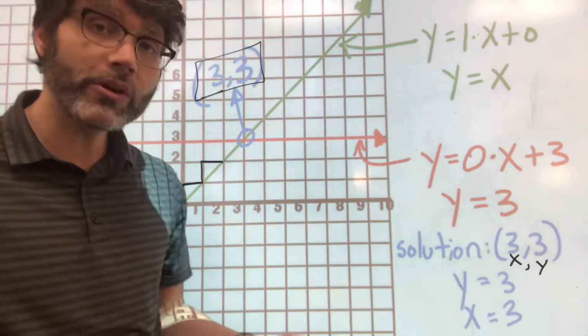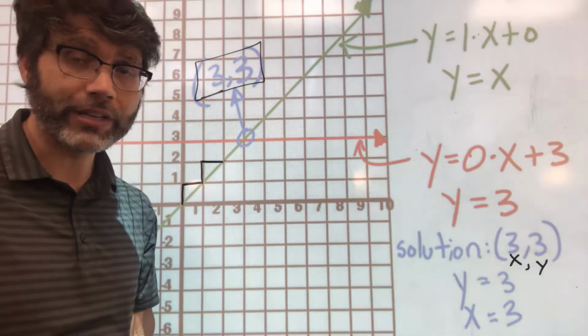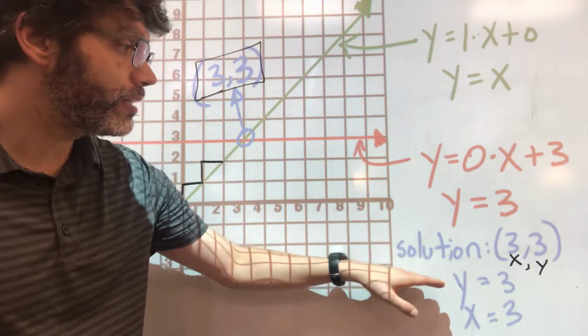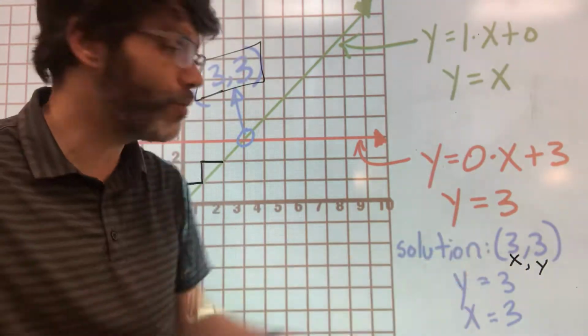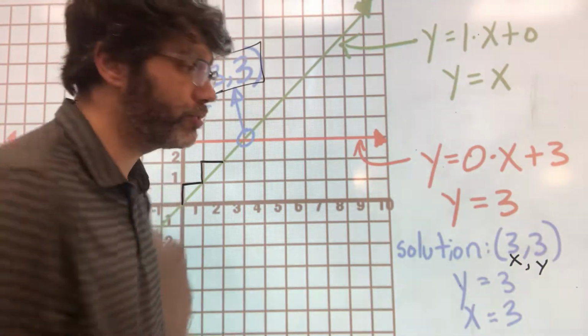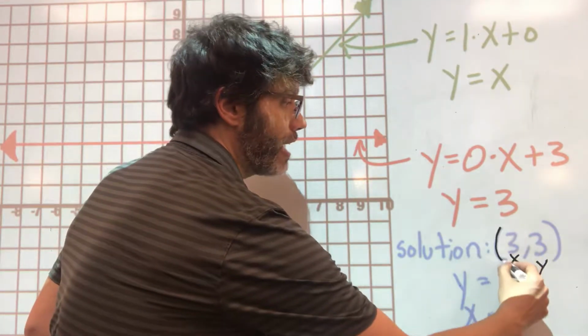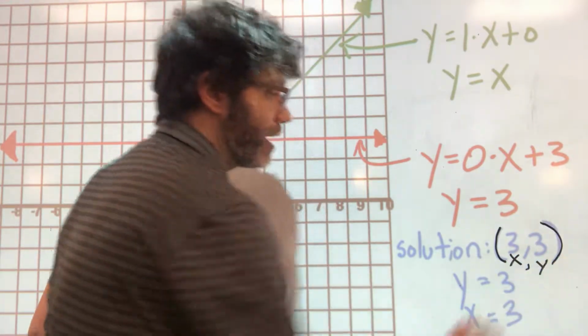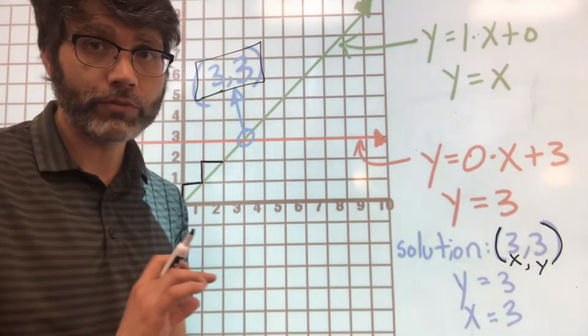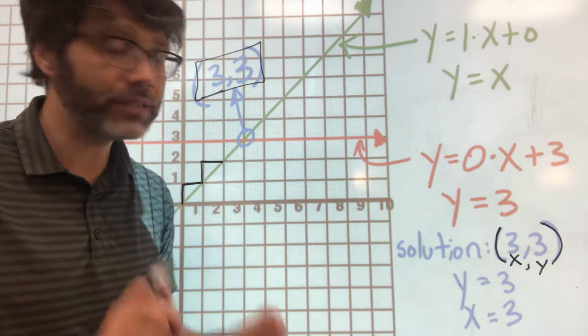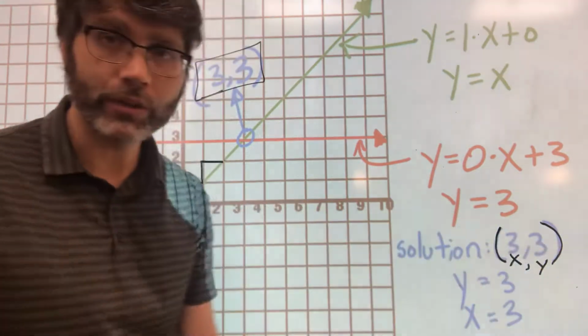Okay, there's another way that you can write the solution to the equation, and that is sometimes you'll want to write it just as a coordinate like that with parentheses. Don't forget the parentheses. All coordinates need to have parentheses around them. If you don't put the parentheses around them, you'll get some credit taken off on your quiz. So please put parentheses around coordinates.